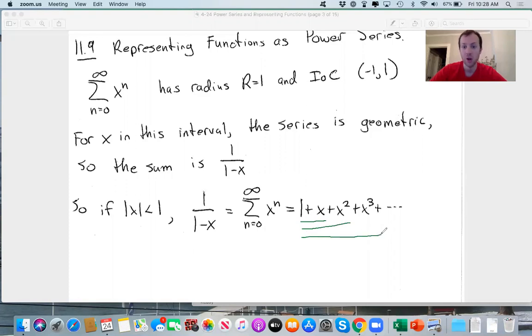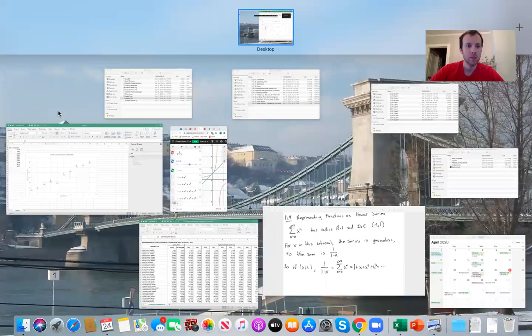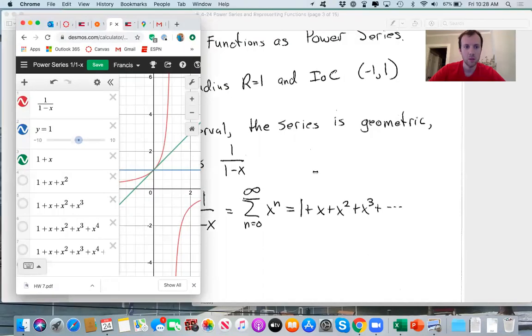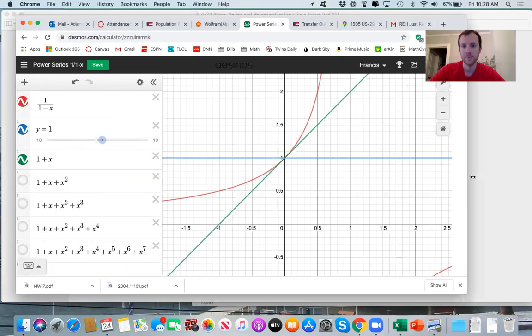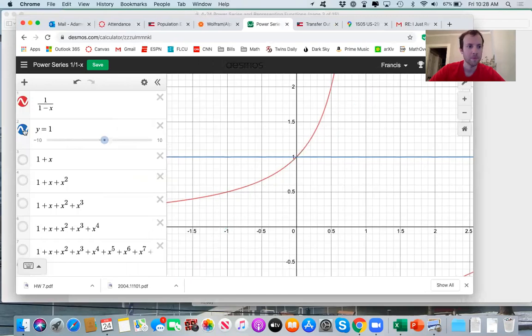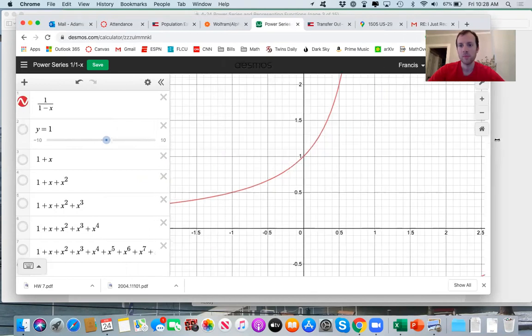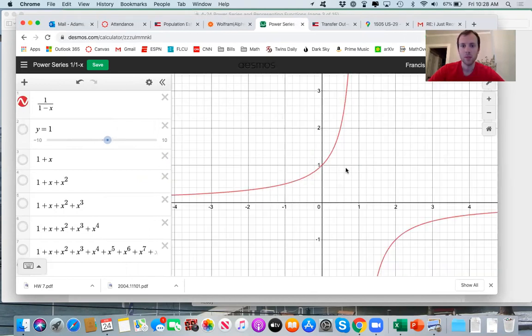And if we look at the graph, we see something really interesting. So let me get to this one. Here we go. Okay. So here is 1 over 1 minus x.